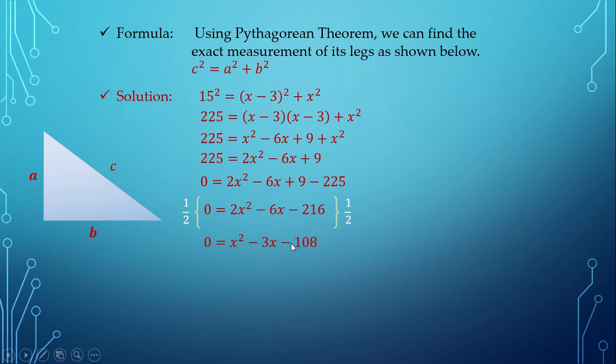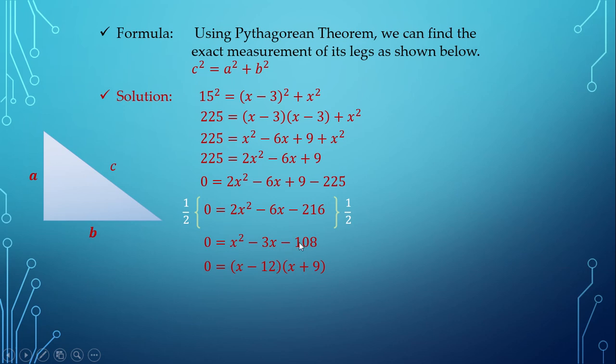What's next? We will think of the method to be used in solving for the roots of this quadratic equation. In this reduced form, x squared minus 3x minus 108, with this example, I use the factoring method again. I get the factors of 108 as 12 times 9.